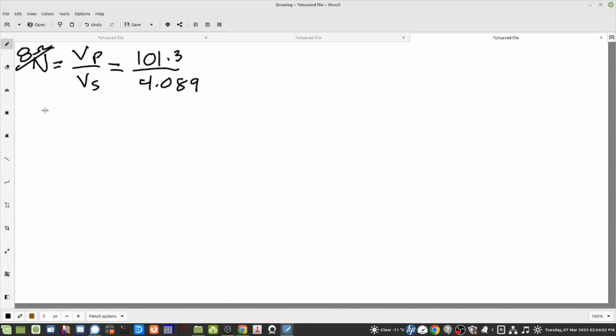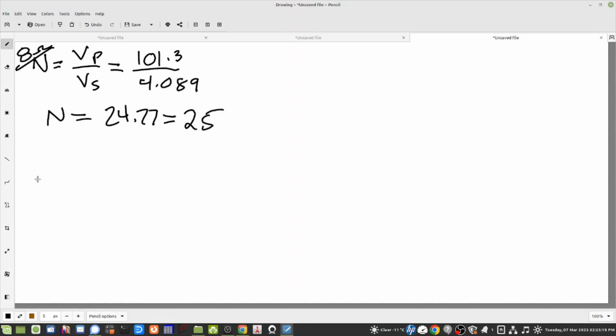Now, we know our turns ratio equals 101.3 over 4.089, divide, and we get a turns ratio of 24.77, and we're going to go ahead and call that 25.